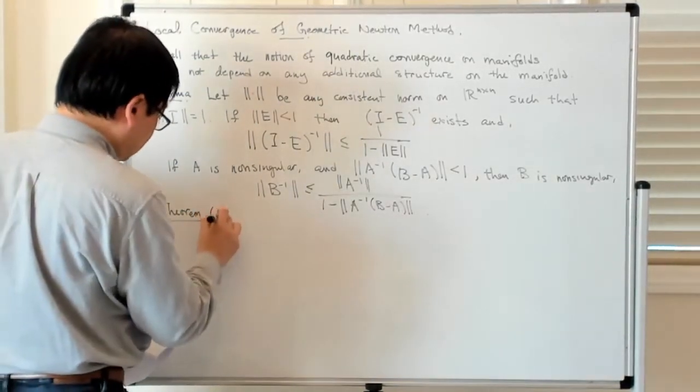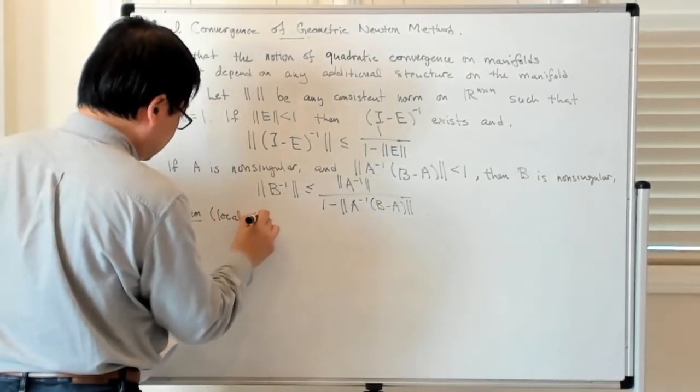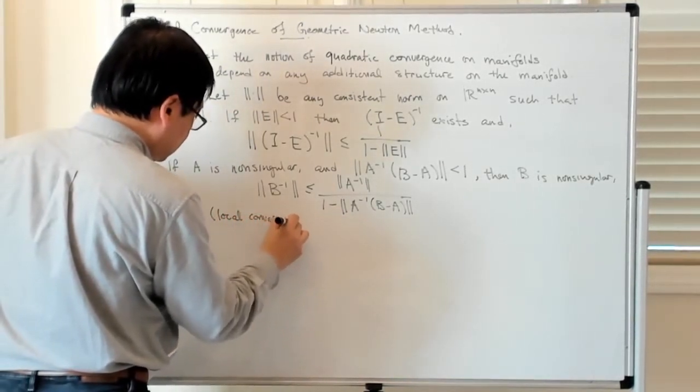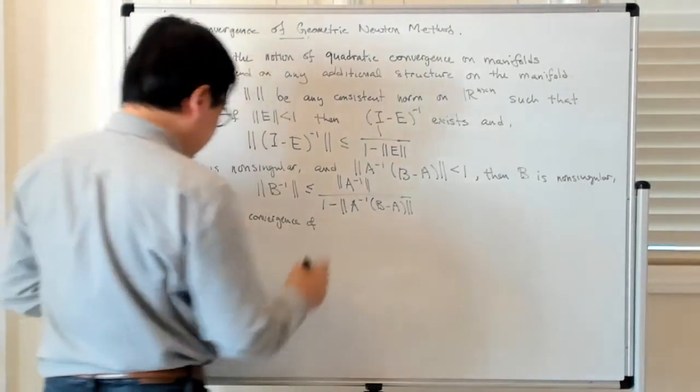So this is the local convergence of Newton's method.